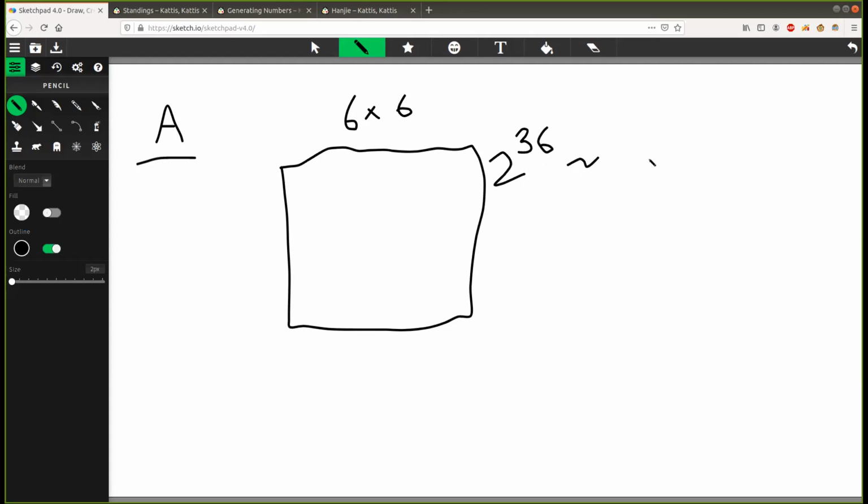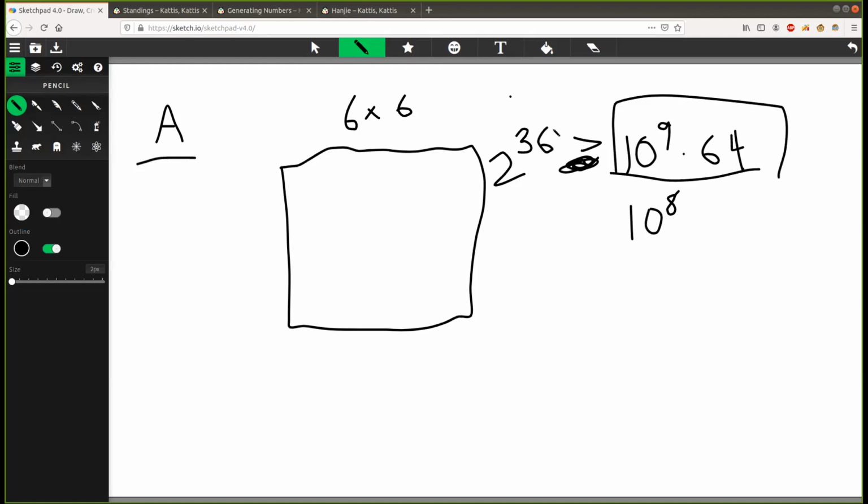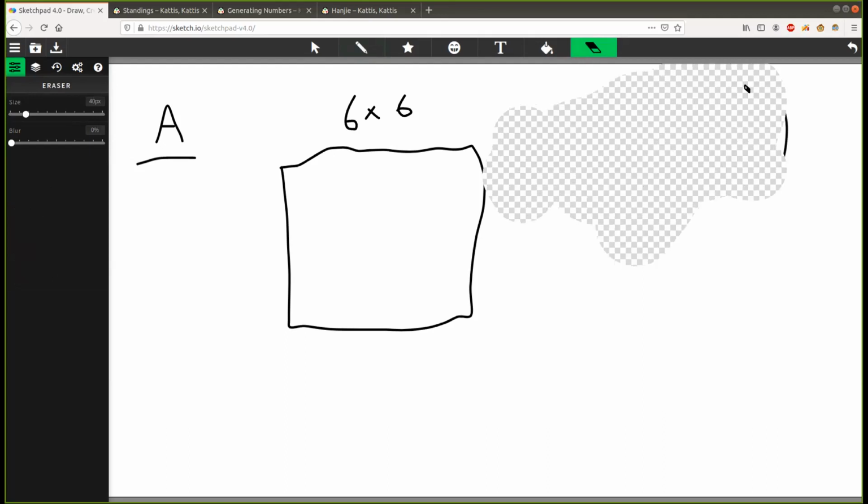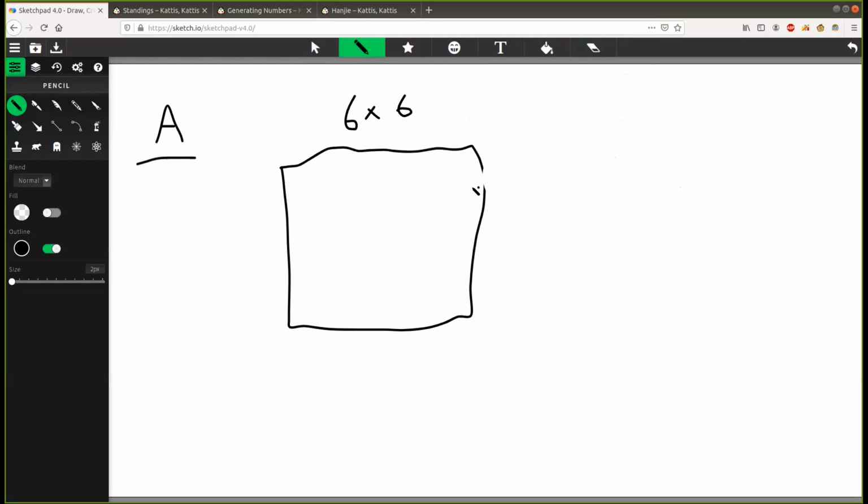It's definitely bigger than a billion, like 10 to the 10 or 11. The general rule of thumb is that 10 to the 8 is about a second. So this would be way too big to brute force every single solution and then check if it meets the row and column constraints.